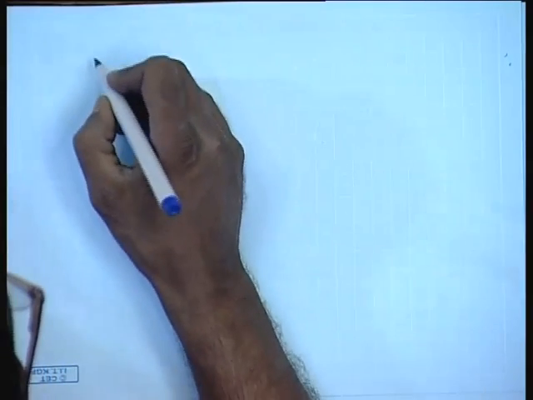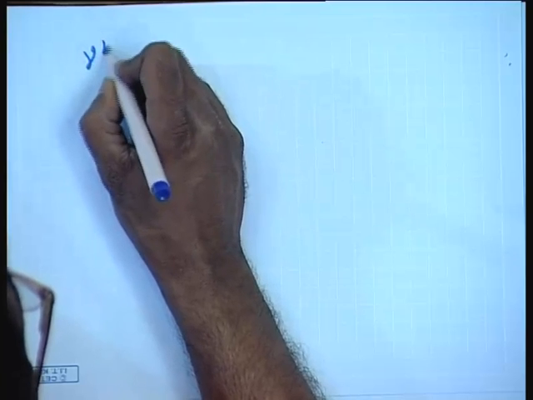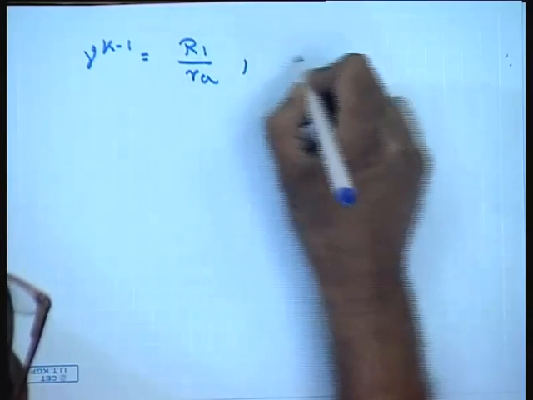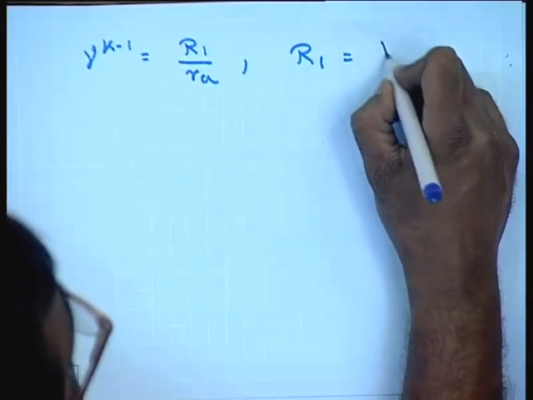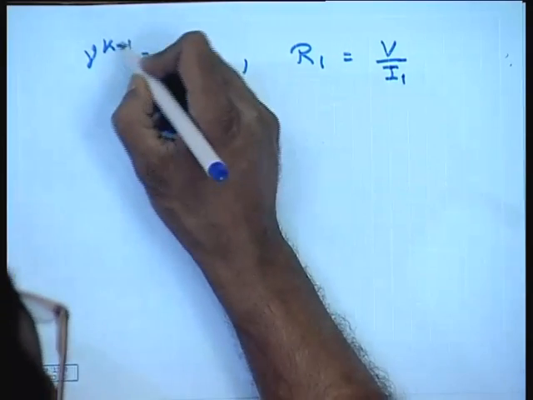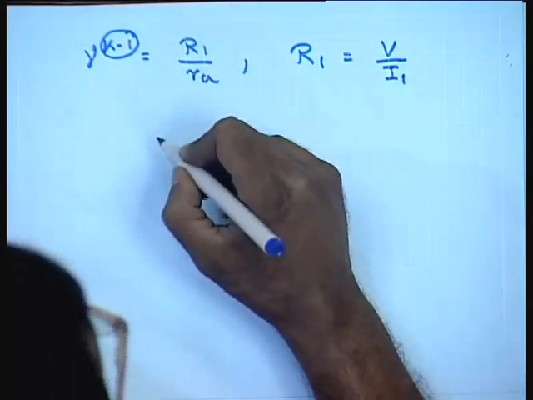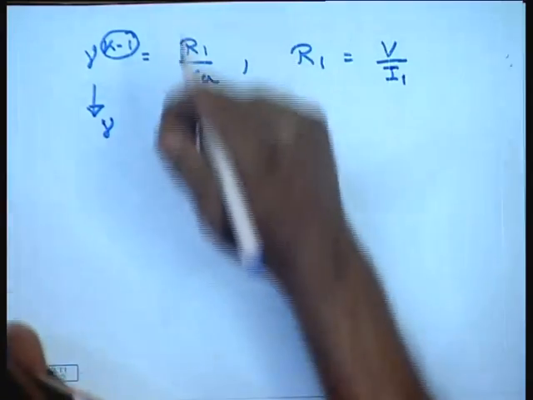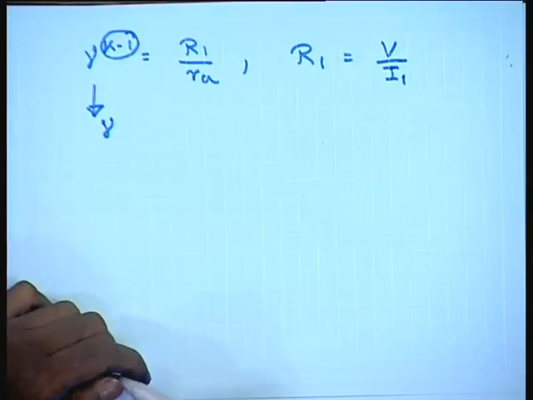So, when the number of steps are specified, we still have the basic relationship gamma to the power k minus 1 equal to R1 by Ra, and R1 is still equal to V divided by I1. So, the maximum current will be specified and the number of steps k minus 1 will be specified, from which we have to first find out what should be gamma and then proceed in the same manner to calculate the different starting resistance sections.